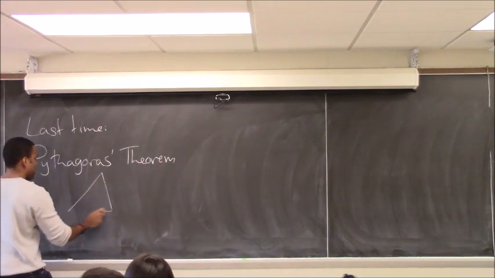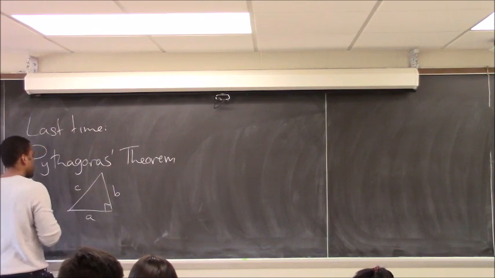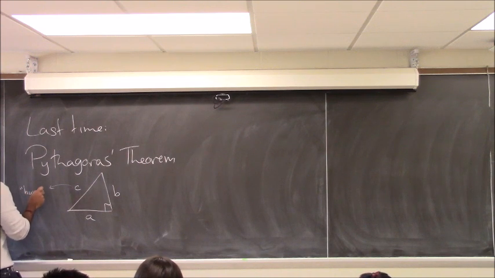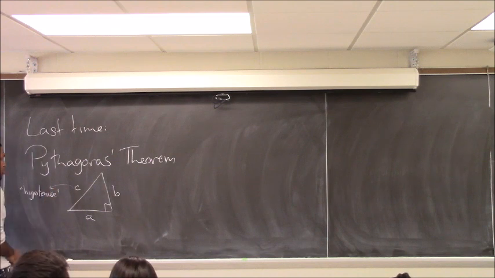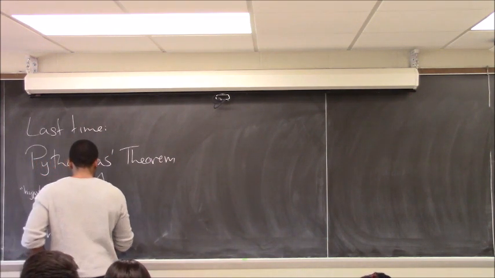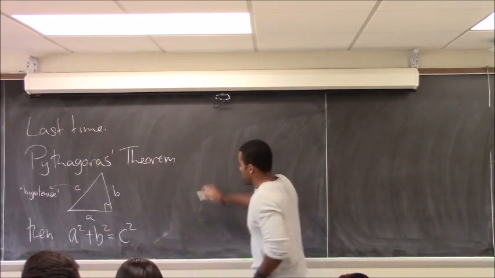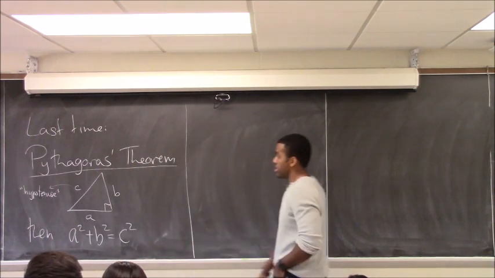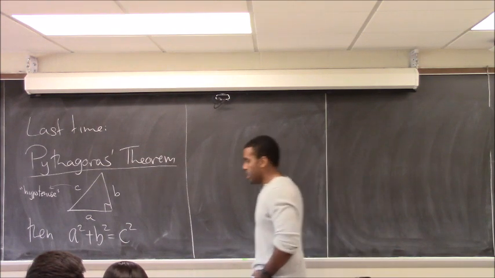If you have a right triangle where this side length is A, that side length is B, that side length is C, where C is called the hypotenuse, then A squared plus B squared is equal to C squared. That's called Pythagoras' theorem. It gives us the relationship between the side lengths of a right triangle. It's a very important relationship. We are actually going to figure out a lot of things based on this equation right here.